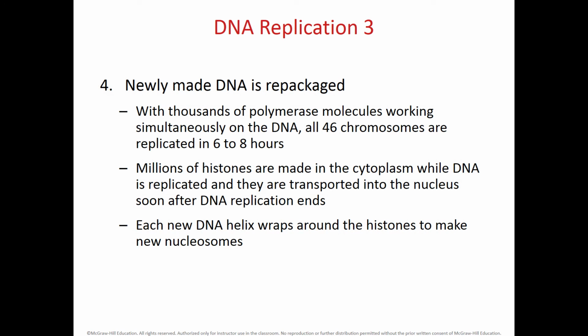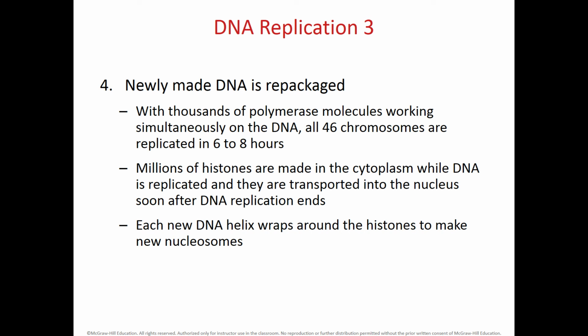And then once you make the new copy of DNA, you have to repackage this copy. You will have thousands of polymerase molecules working to make these copies, so you can complete your 46 chromosomes in 6 to 8 hours. So this replication has to happen really rapidly.